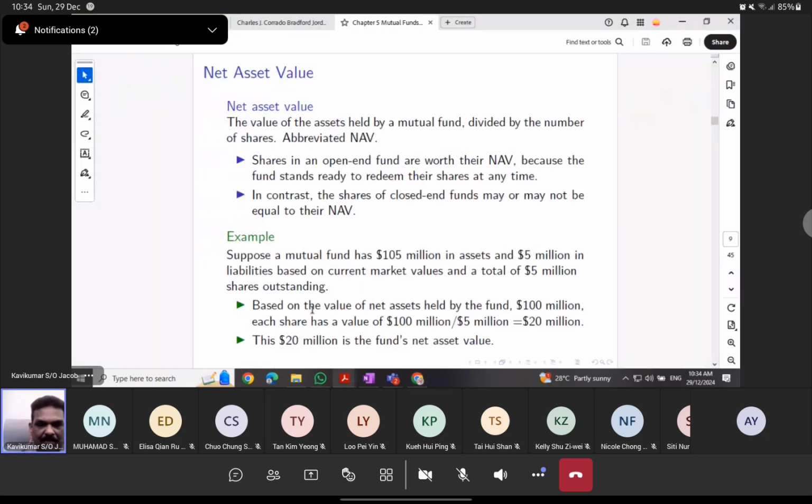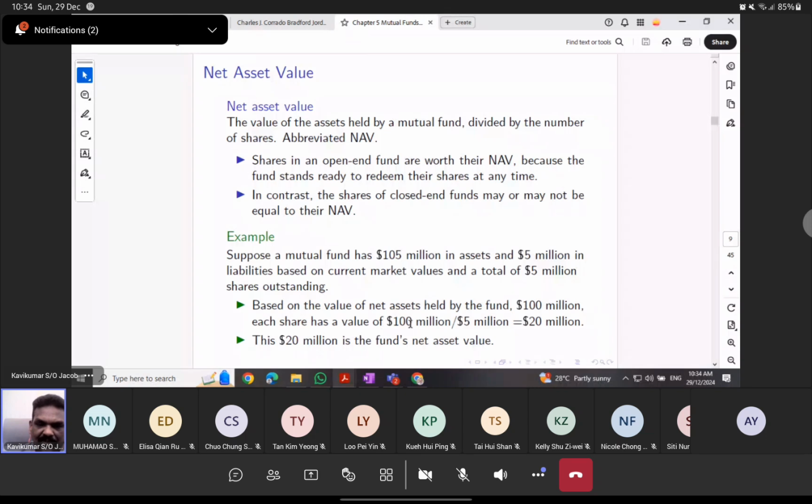Liabilities mean whatever you have to pay back. The 5 million he already borrowed from others, so we call that liability, and you have to pay it back. So 105 minus 5 is what? 100 million. Now that is your mutual fund asset value.